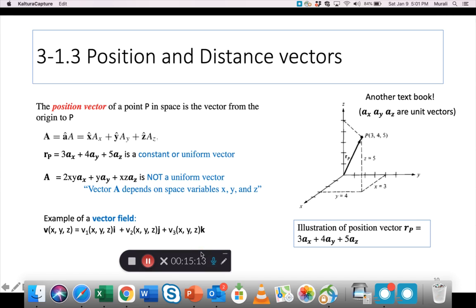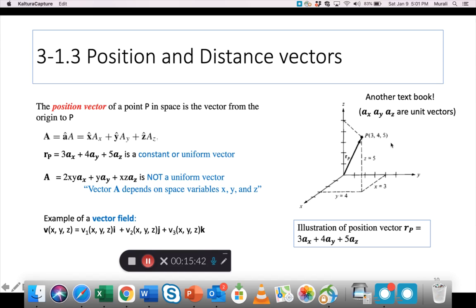So here's a topic called position and distance vectors. In fact, what we've seen so far, the way we defined A as a unit vector times its magnitude, is also a position vector, because we always start at the origin and end at a point.